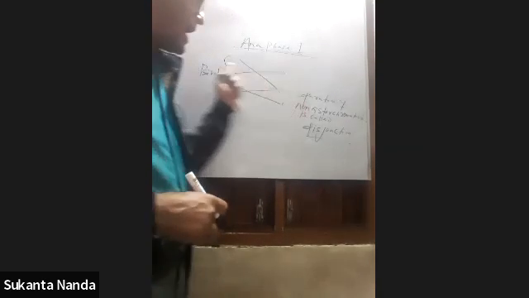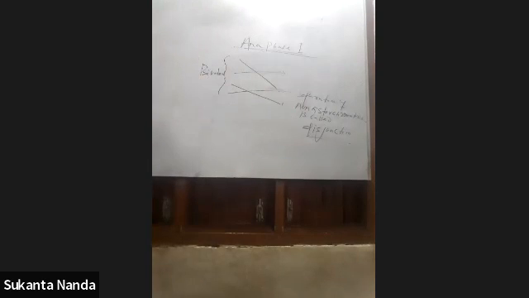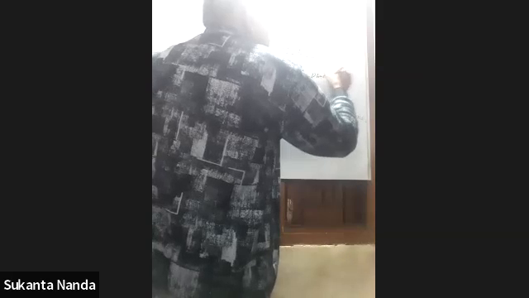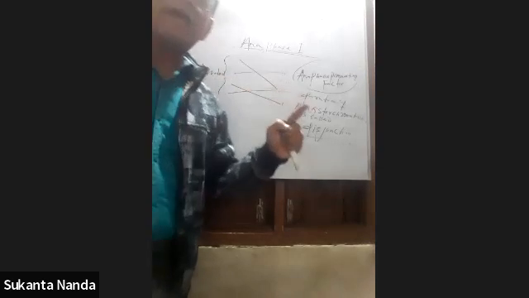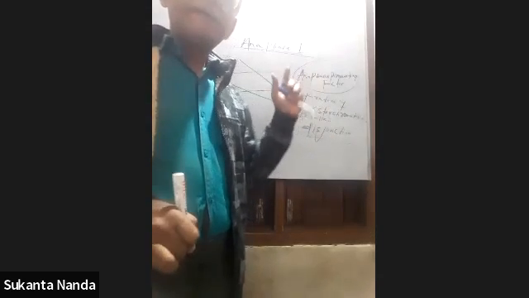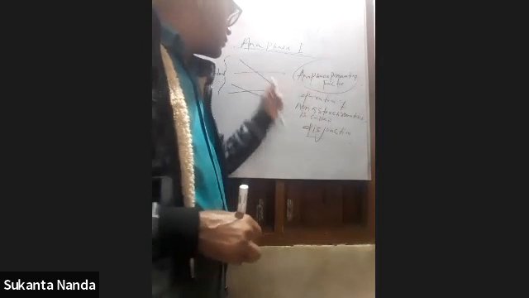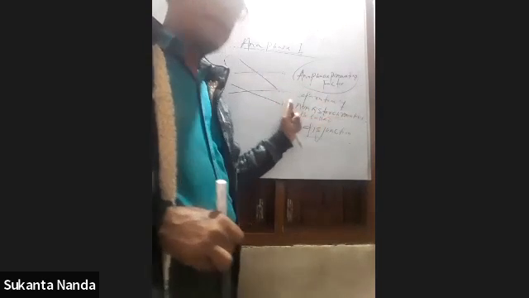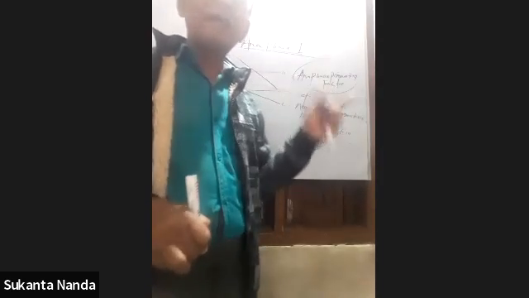They are separated, and that separation is promoted by the anaphase promoting factor. This is a protein. As you know, the synaptonemal complex is a protein that helps in binding two non-sister chromatids, which is crossing over.